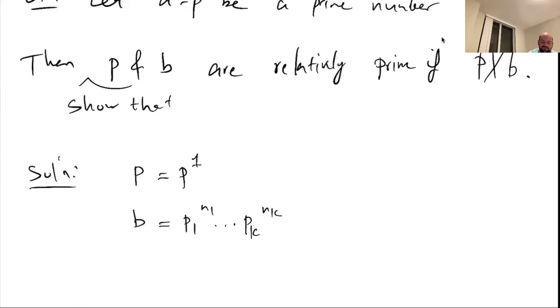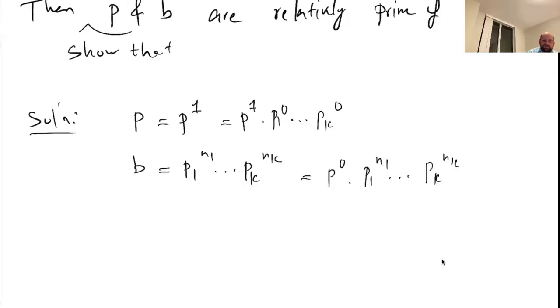And then for the GCD, I need to list these prime numbers and then choose the smallest power for each.